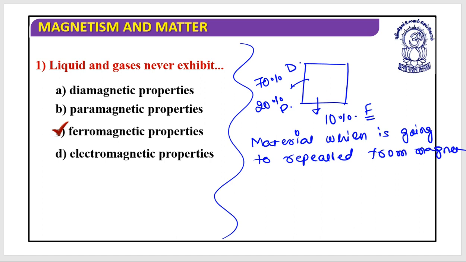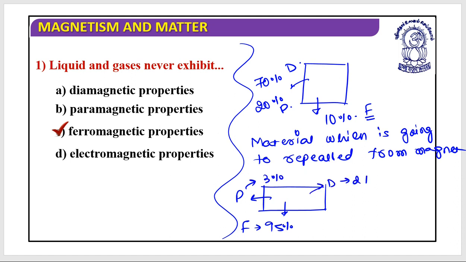Yes, let's take one more example. This material has a ferromagnetic property of, let's say, 95 percent, a paramagnetic property of 3 percent, and a diamagnetic property of 2 percent. So we can say this is a very good magnet. I hope this is clear what I mean to say.